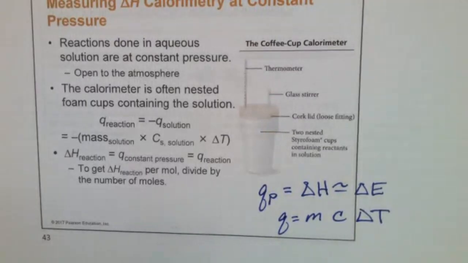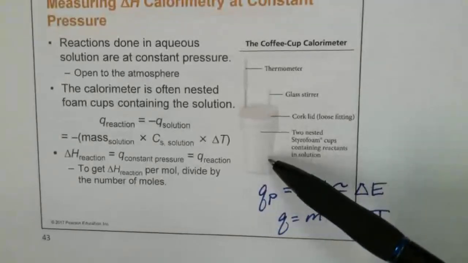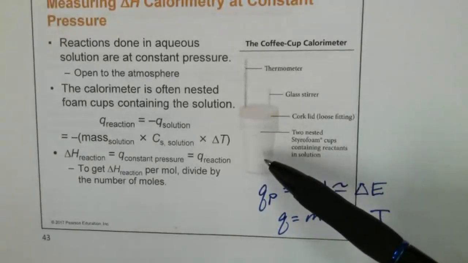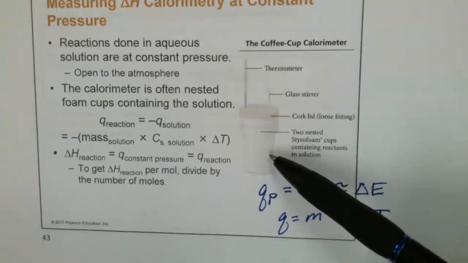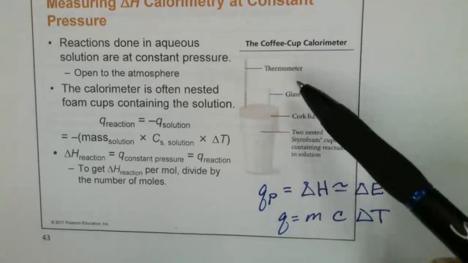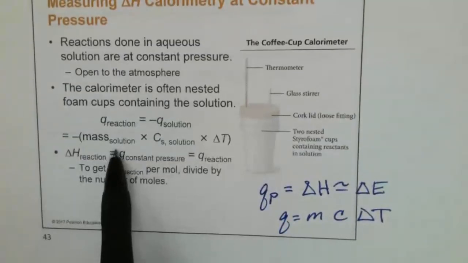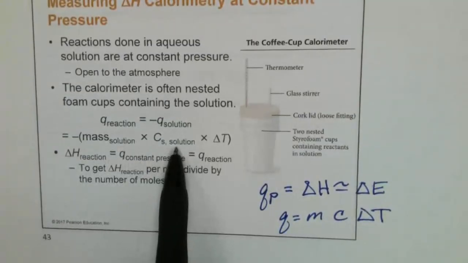So we can use this to figure out how much heat is being given off from a reaction. What happens is in this coffee cup, we're going to know the mass of water that we put in it, and we're going to know its temperature. We're going to have the reaction happen in the coffee cup, and we're going to record the change in the temperature. So we'll know the mass of the solution, the specific heat of the solution.